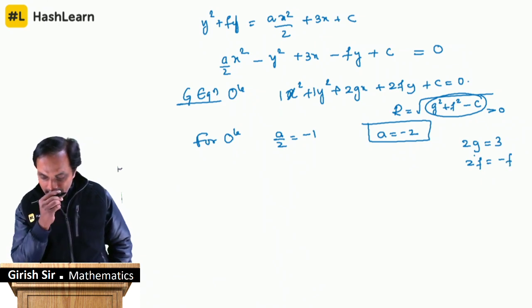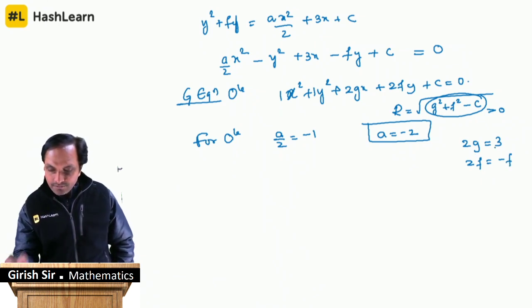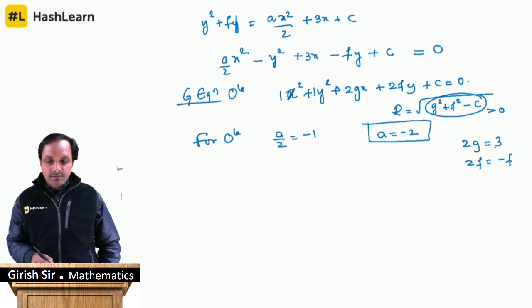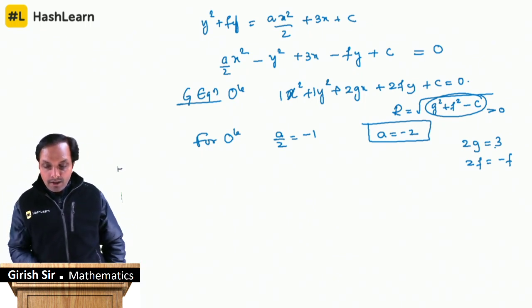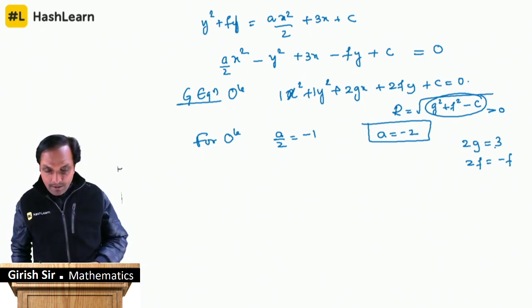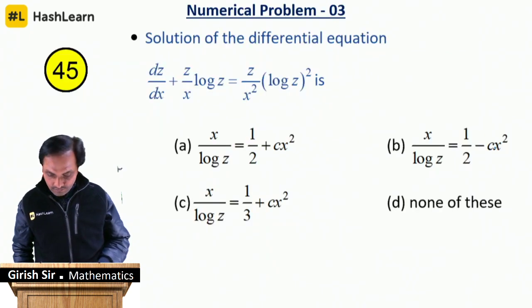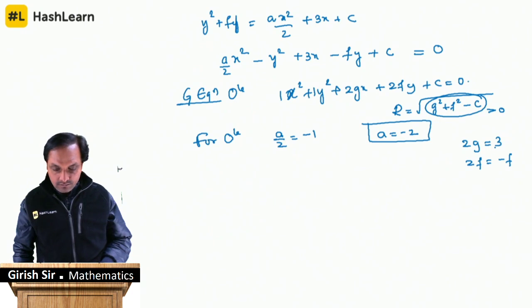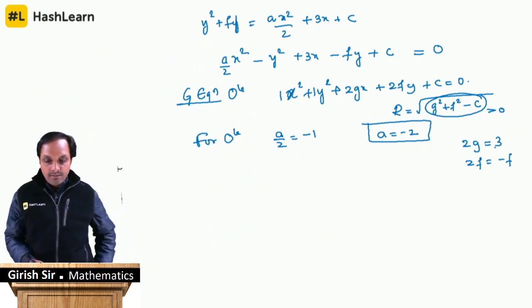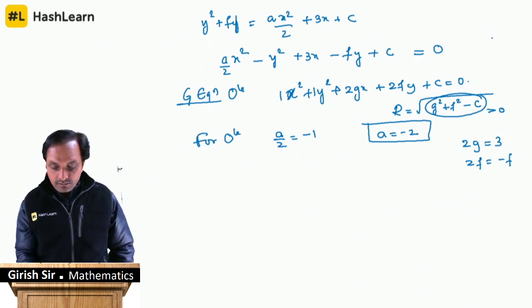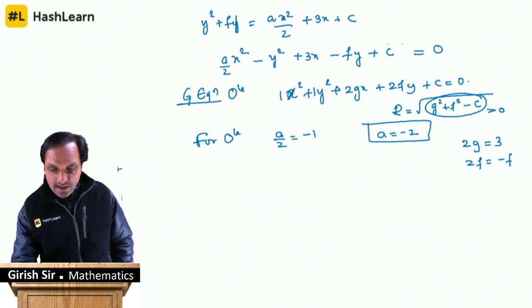So what happens to g? g is 3/2. Okay. That part you know that you need to convert into the standard form. If you want to convert that to standard form, what happens?